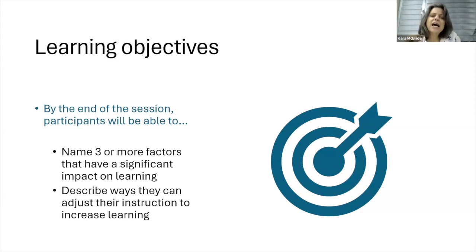And I hope that you will be able to describe specific ways that you can use those principles to increase learning in your work context. So this is what I hope for.